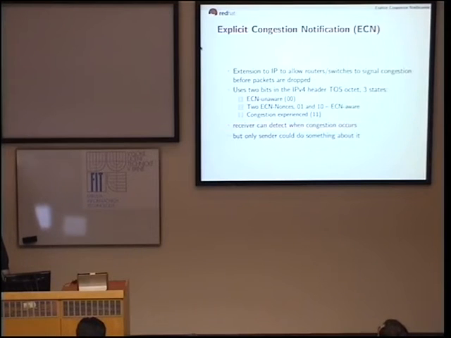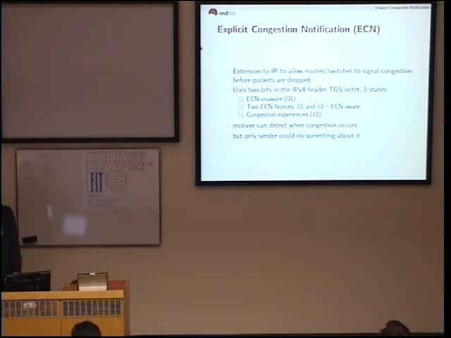And in fact, there is a technology to do that, named Explicit Congestion Notification, which is an extension to the Internet Protocol that allows a router to, instead of dropping a packet, set a special flag in the packet header, so that when the packet arrives on the other end, it will see, okay, one of the paths on my network is experiencing congestion.